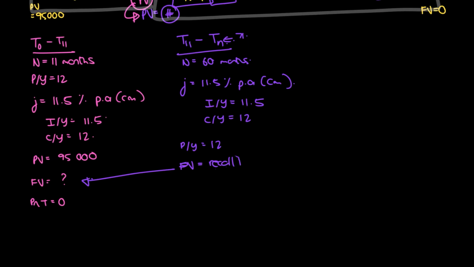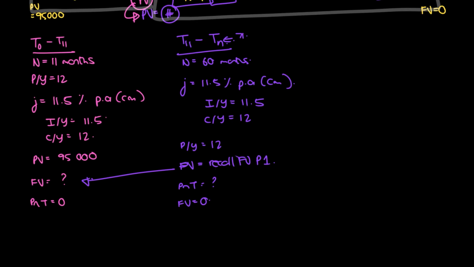Recall future value of part 1. Okay. Is there anything else we're missing? So we have N, we have IY, we have CY, we have PY, we have PV, and we want to find PMT. We know that the future value here is equal to 0 because we're paying it off. So we don't have to put that in.